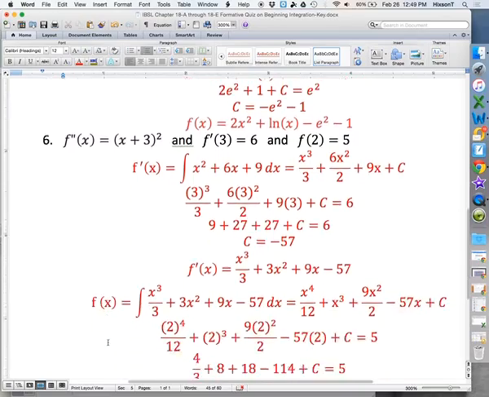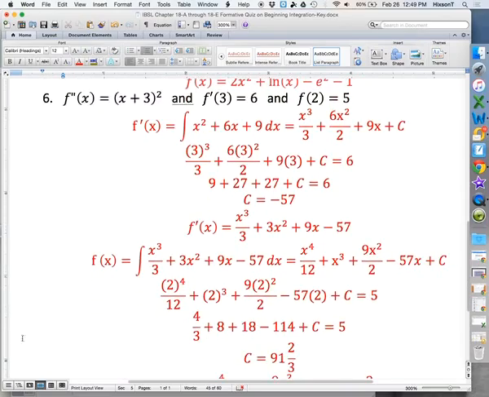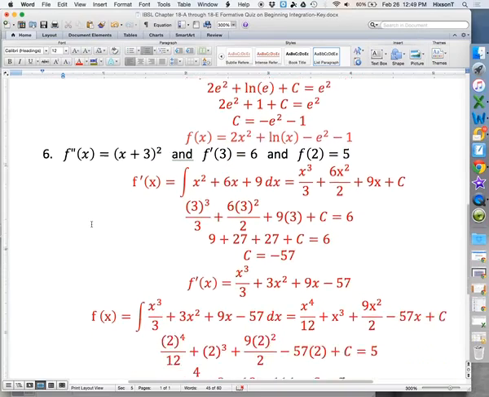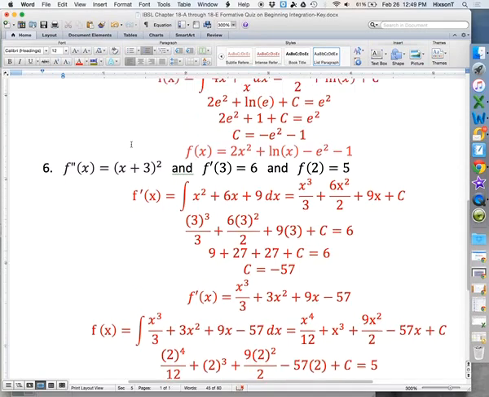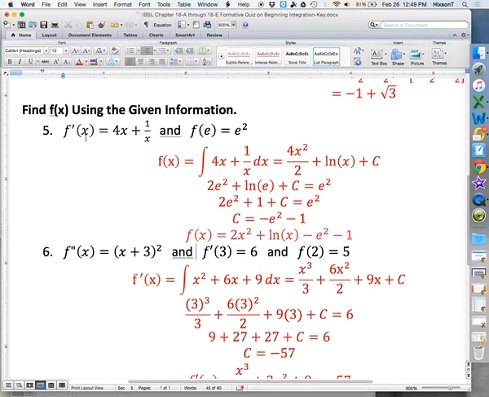Now, here's a case too where we can be given the second derivative. If you think about this in terms of the motion applications we talked about before, you can kind of see how we could come up with formulas for other things. For example, like your velocity is a rate of change.